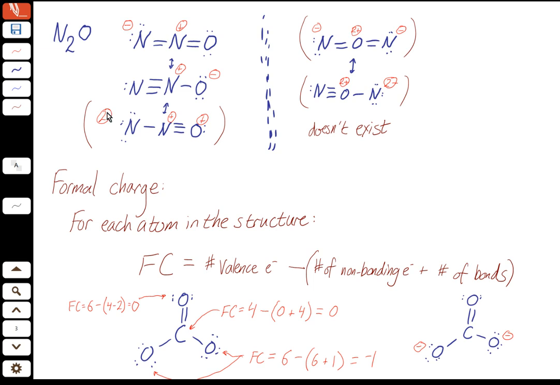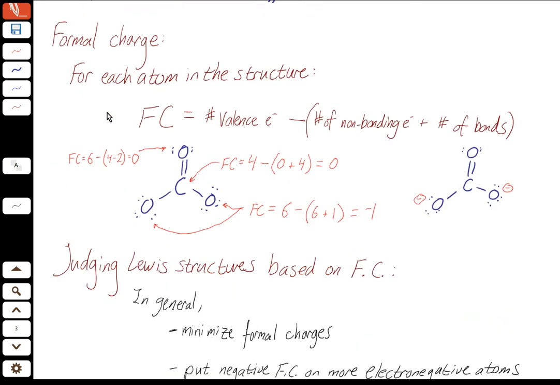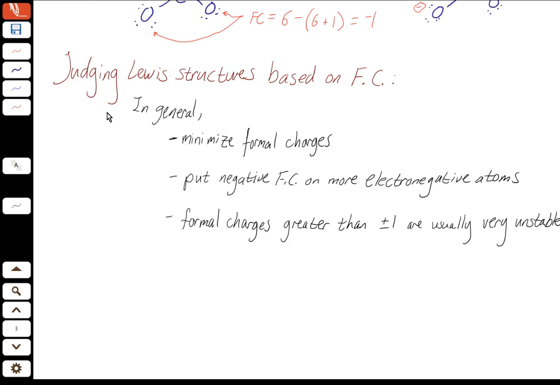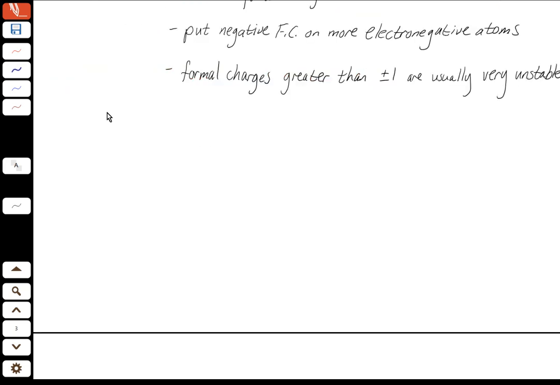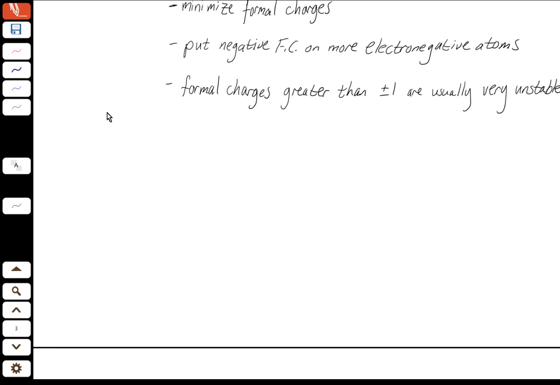All right, that works. Okay, let's try this. So this time, try to draw a structure for NO2. This is nitrogen dioxide, not N2O, but NO2.